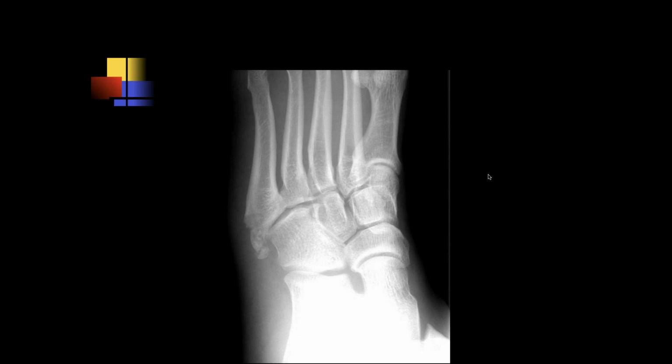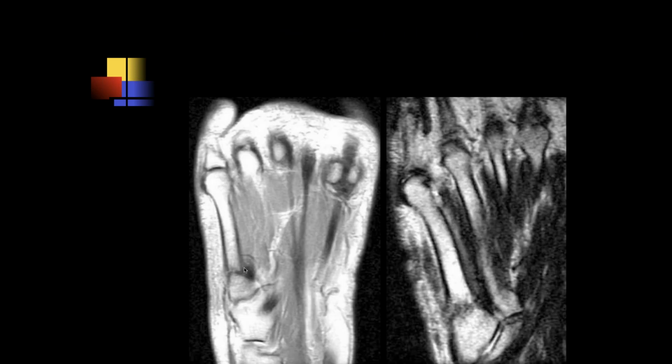And here we can see more of a complication, where you have a complication of a previous Jones fracture here and then an avulsion injury of the tip as well. That we leave alone, but this one right here needs surgical intervention unless the patient refuses.